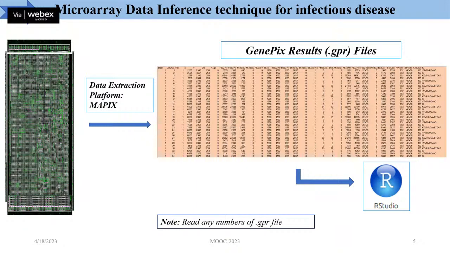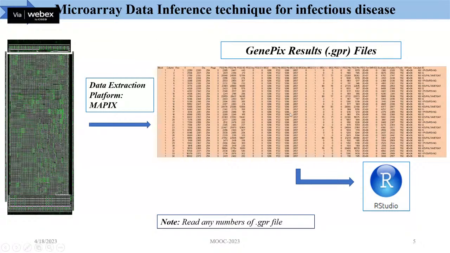Because other software or coding platforms are available, or an Excel sheet, as sir mentioned, but that is time consuming. If you see my note, you can read any number of GPR files. If we make a TSV file with the particular names, the program can automatically read all the GPR files.